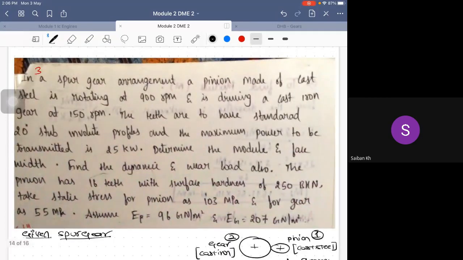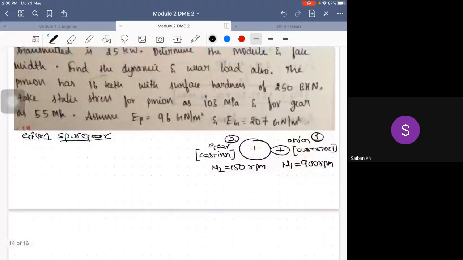The teeth are to have a standard 20-degree stub involute profile. So he has given the information about the teeth which are engaging. Write teeth on either side, and write 20-degree involute stub.